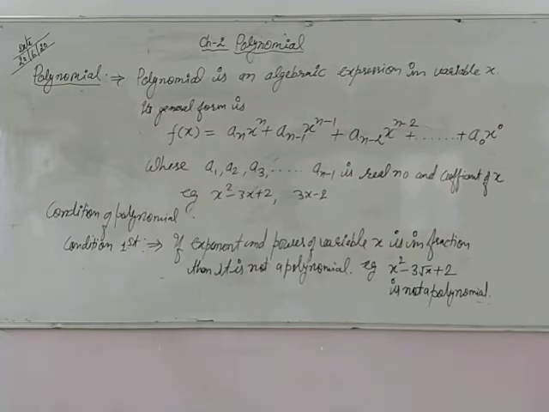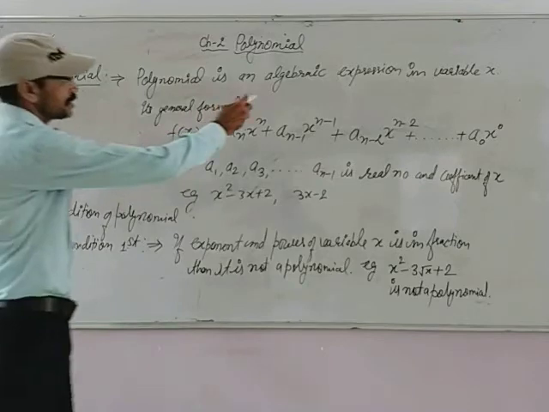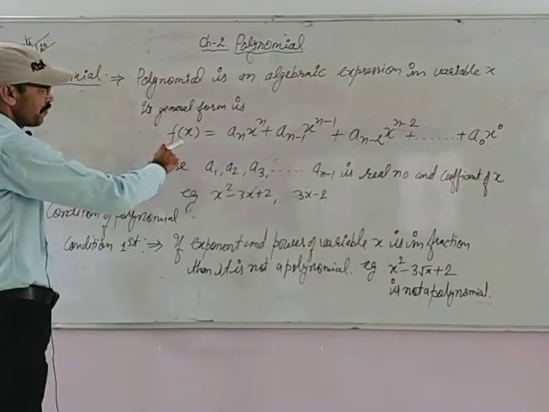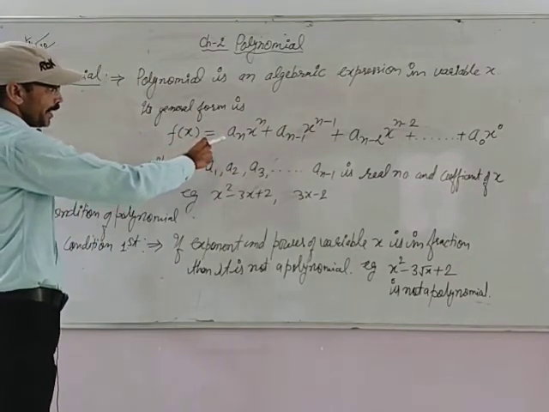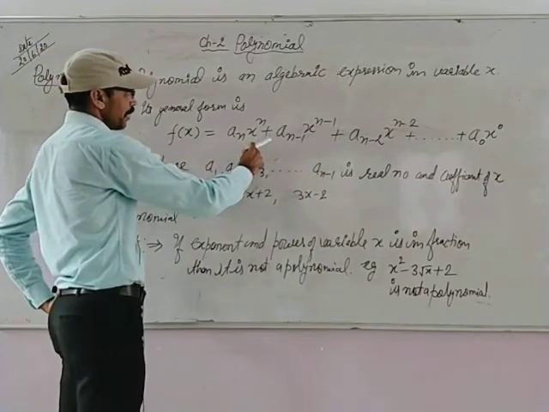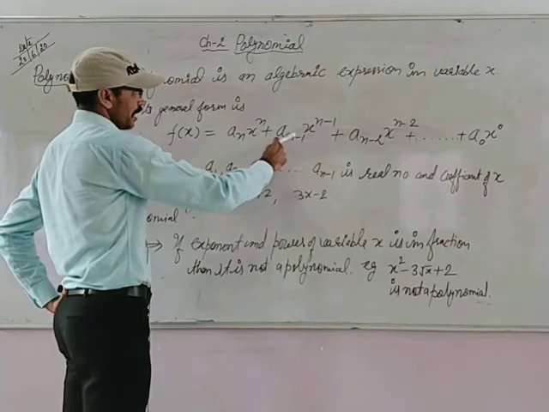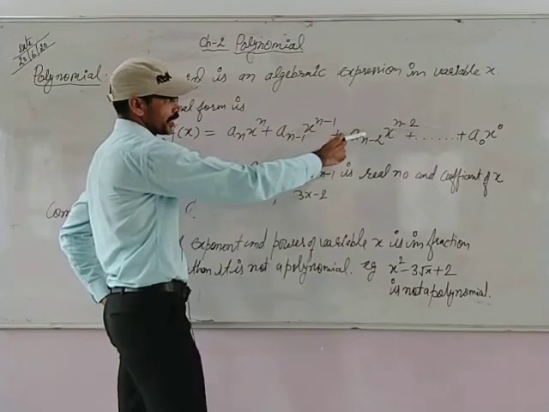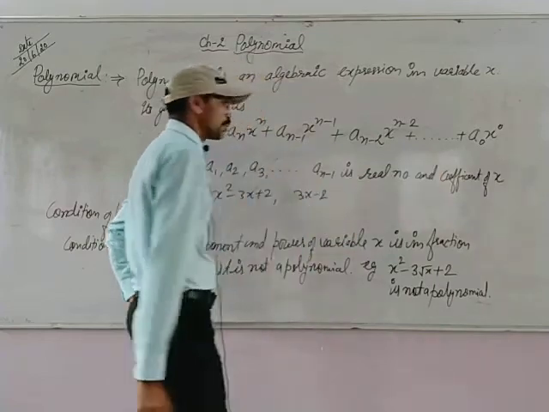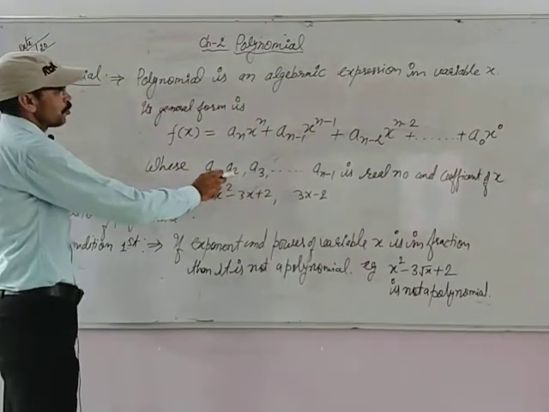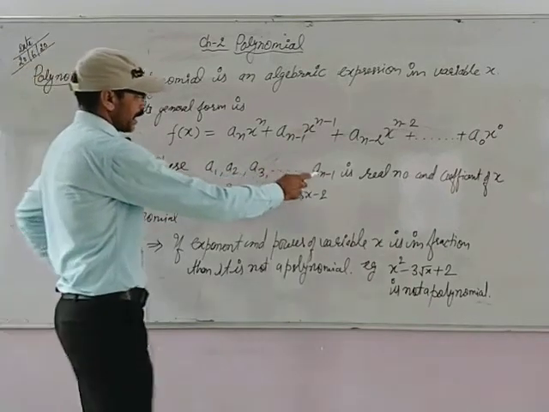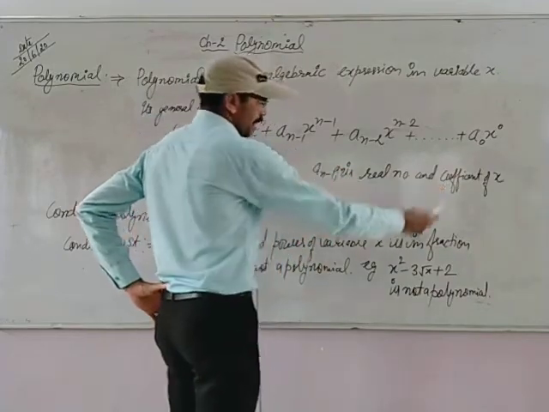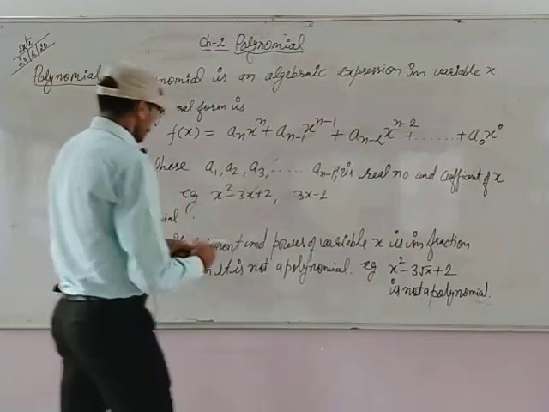We know that in previous classes, a polynomial is an algebraic expression in variable x, and its general form is f(x) = a_n x^n + a_(n-1) x^(n-1) + a_(n-2) x^(n-2) + ... + a_0 x^0, where a_1, a_2, a_3, ..., a_(n-1), a_n are real numbers and the coefficients of the terms.